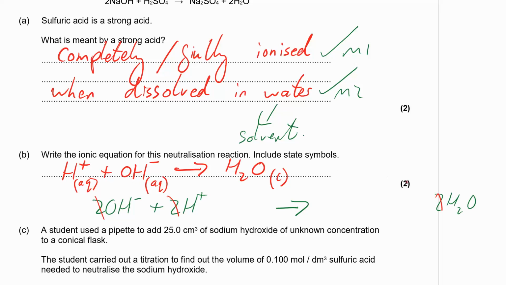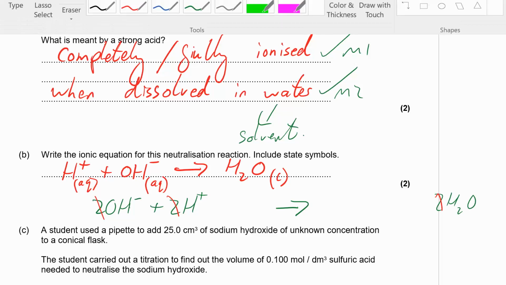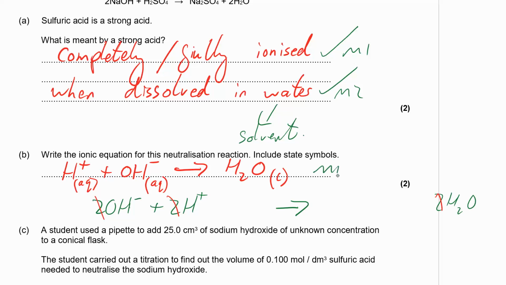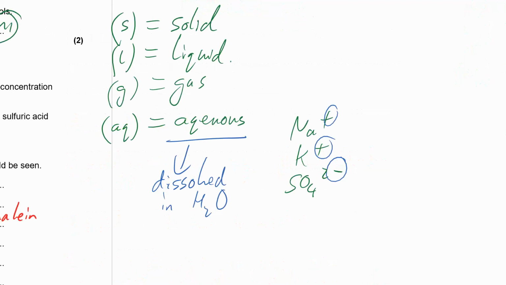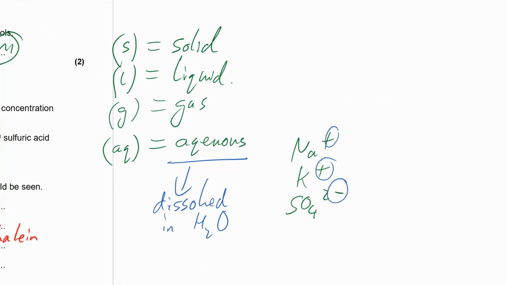Aqueous and liquid was the second mark. So mark 1 for the equation, mark 2 for the state symbols. So start to get into the practice of state symbols. Just to recap, solids, liquids and gases. So you have solid, liquid, gas.